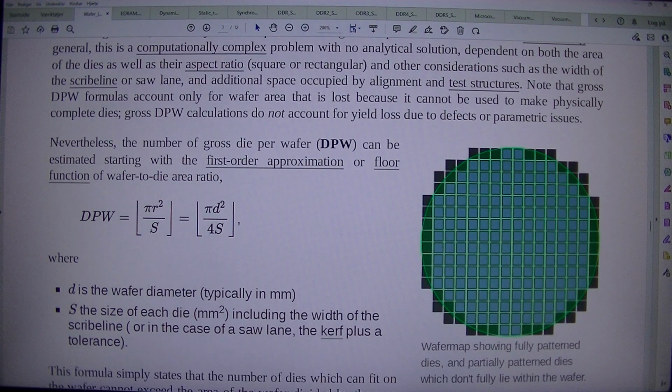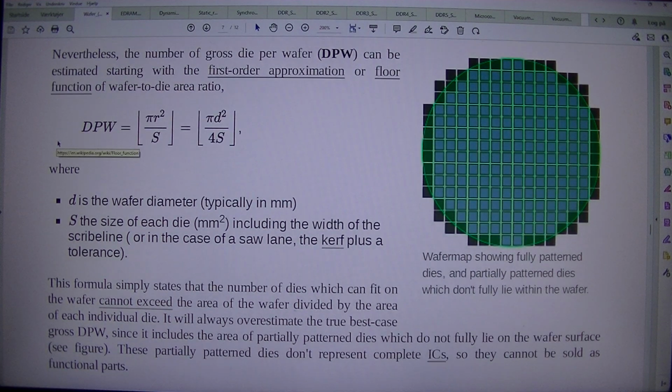Nevertheless, the number of gross die per wafer, DPW, can be estimated starting with the first order approximation or floor function of wafer to die area ratio, where d is the wafer diameter, typically in millimeter, and S is the size of each die, millimeter squared, including the width of the scribe line, or in the case of a saw lane, the kerf plus a tolerance.